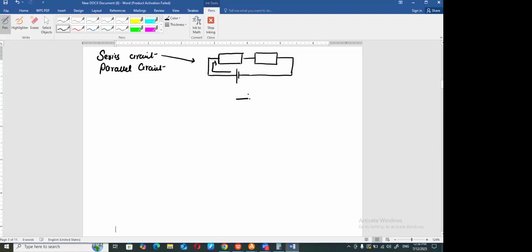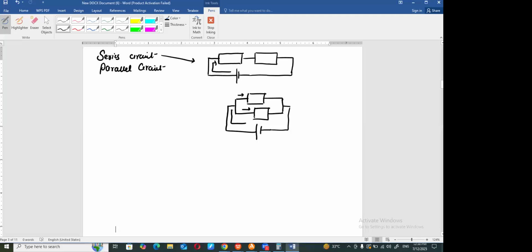And what is parallel? A parallel circuit is this. This is called a parallel circuit. Now, how does it work? Once the current reaches this point, it will be divided.